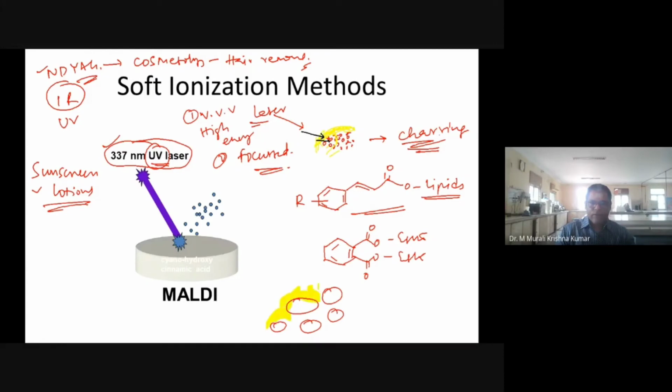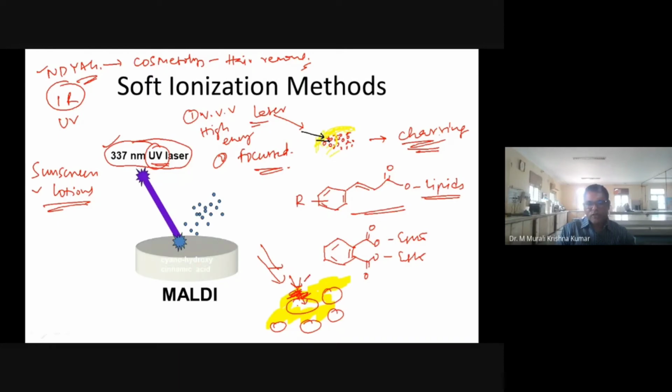We have applied the sunscreen lotion. Now if a laser comes in this way, because it is of high energy, a little bit of energy will be absorbed by the lotion over here, and then this area will be heated.